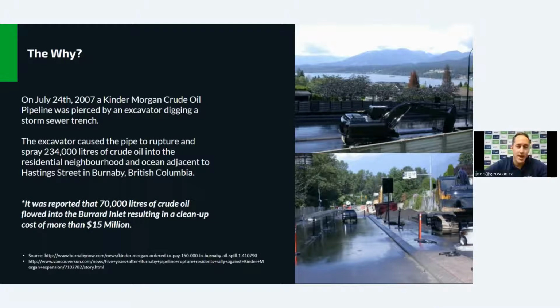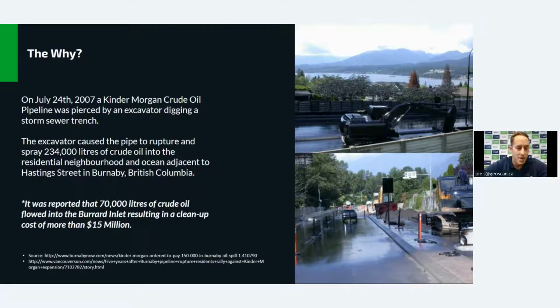So in 2007, there was a Kinder Morgan oil pipeline that was struck by an excavator, which caused considerable harm to the environment. 70,000 litres of crude oil seeping into the Burrard Inlet, and with a huge cleanup cost, not just in dollars, but in environmental damage.